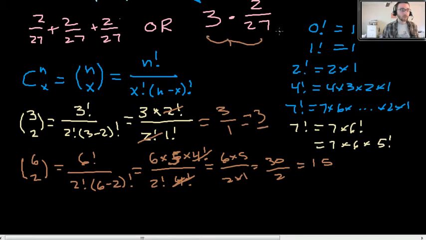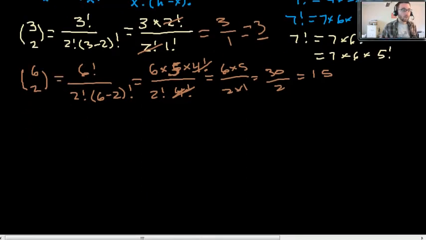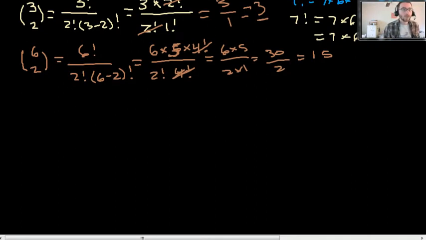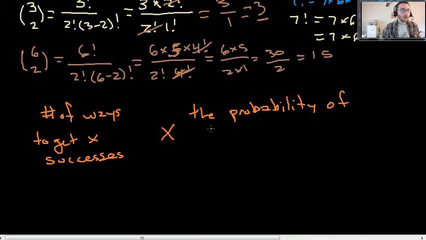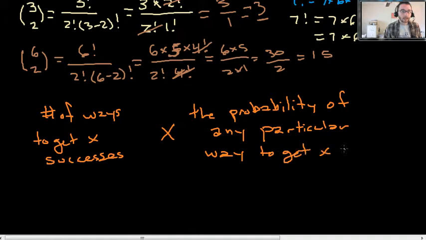We got 3 times 2/27ths. But we also figured out that what we really want is, intuitively, the number of ways to get x successes times the probability of any particular way to get x successes.